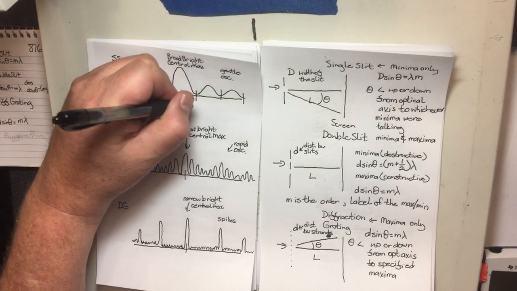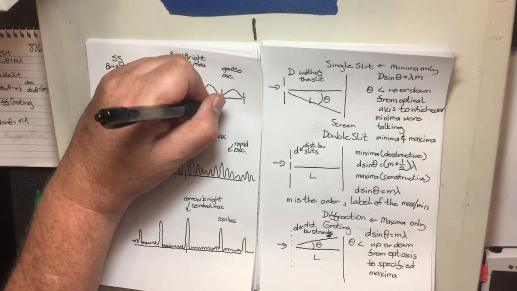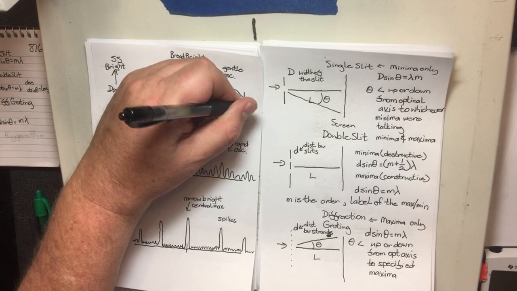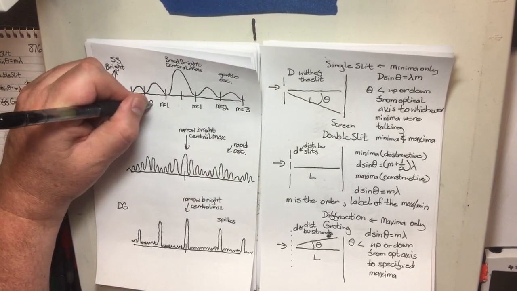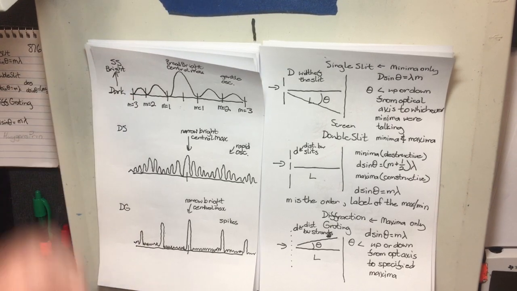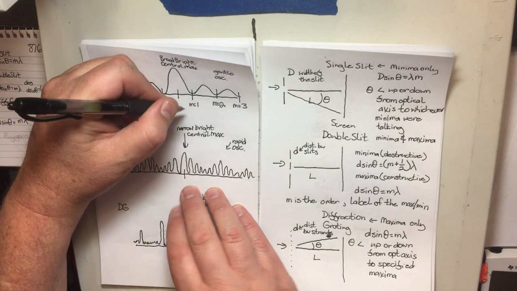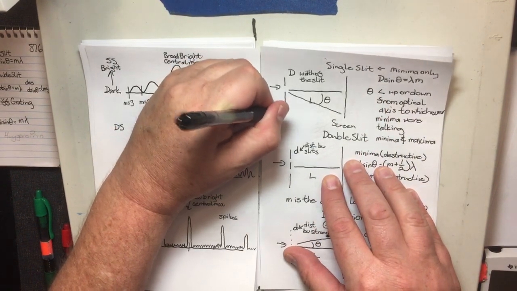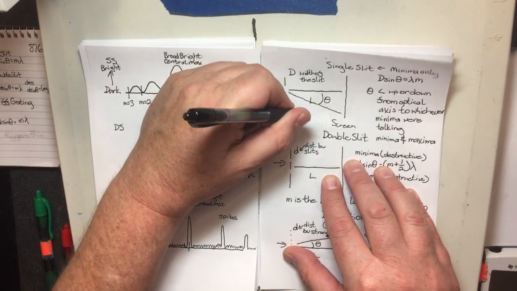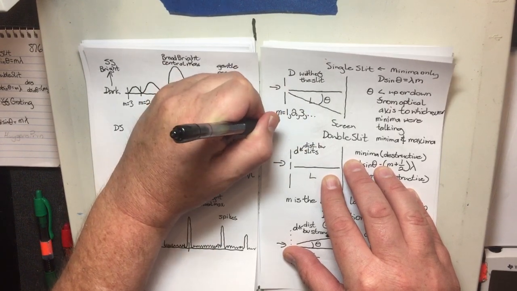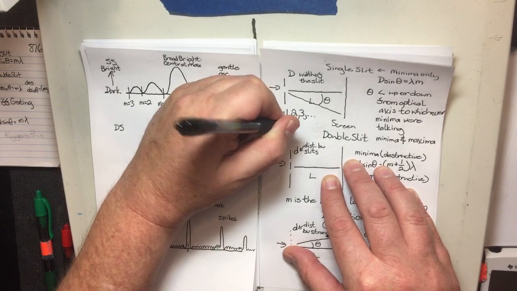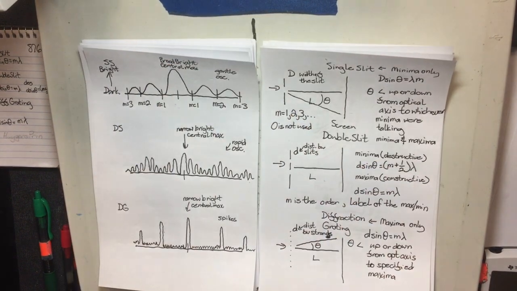M equals 1, M equals 1, M equals 2, M equals 3, M equals 2, M equals 3, etc. So for a single slit, the M's that you use are 1, 2, 3. 0 is not used. 0 would produce the angle at which the central maxima is located.